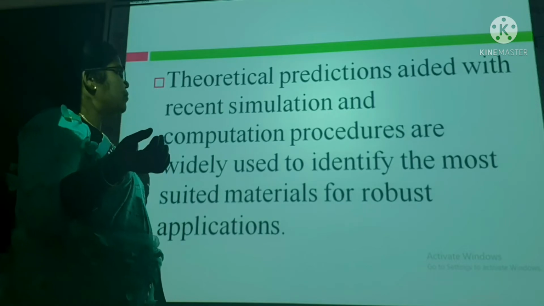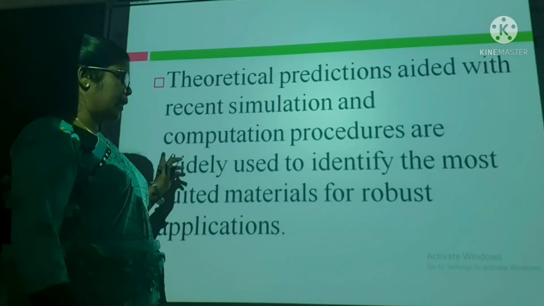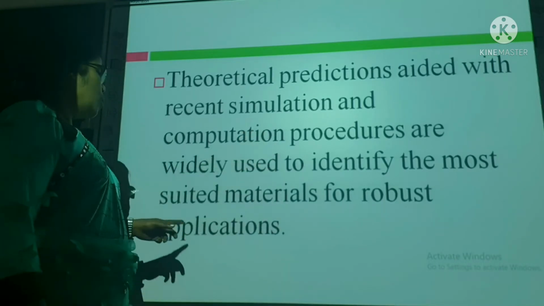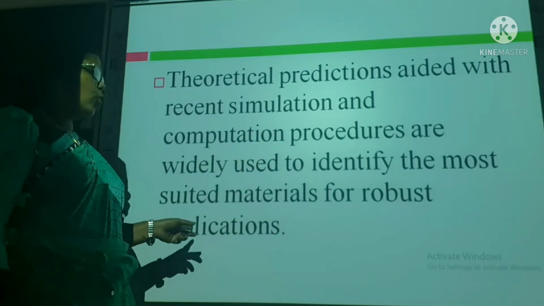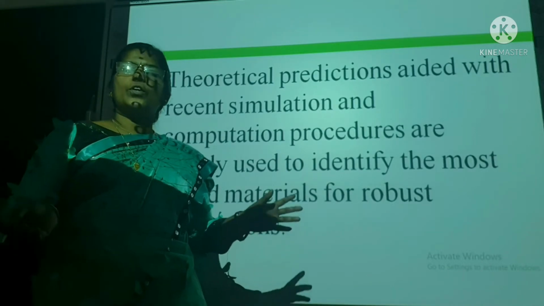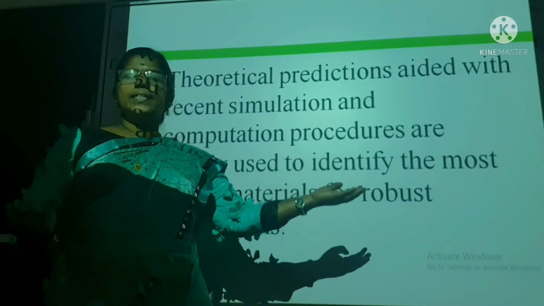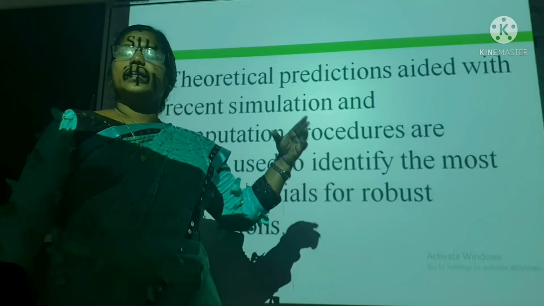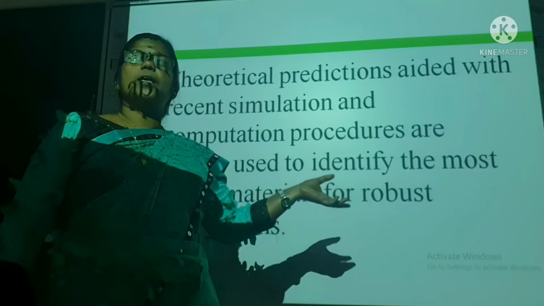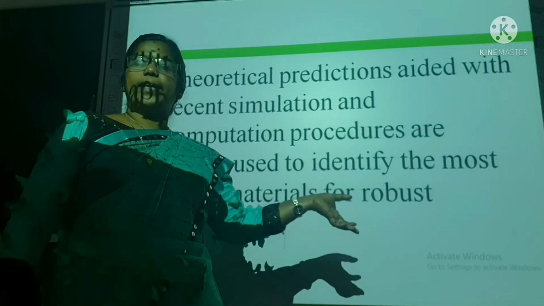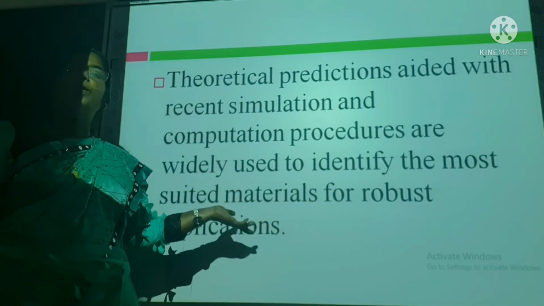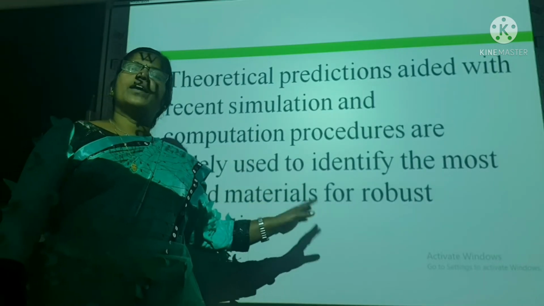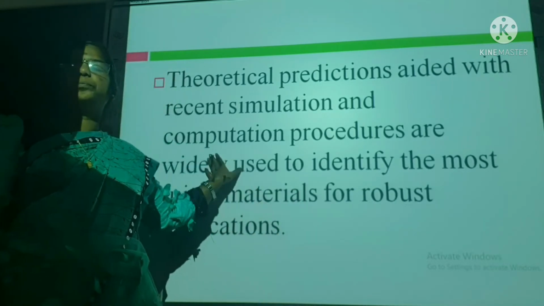Theoretical predictions aided with the recent simulation and computation procedures are widely used to identify the most suited materials for robust applications. So, some scientists may predict this thing will have the ability to withstand heat, or power, pressure. These things will be predicted by scientists, then may be proved, and if it is proved right, it can be used for our applications.